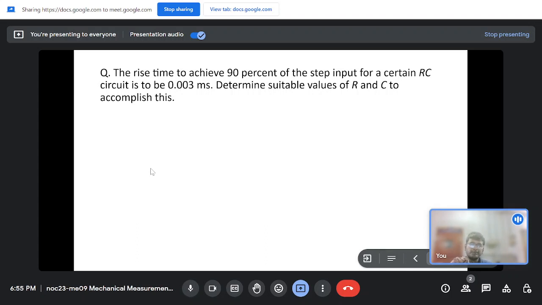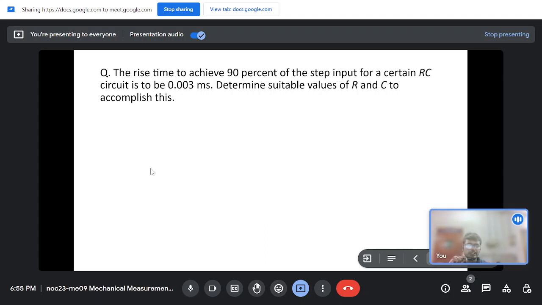So in this case, we have been asked to find out suitable values of resistance and capacitance to be used to accomplish that. So the RC circuit is used to make that step input rise time 0.03 milliseconds for 90% of the steady state value to be reached.